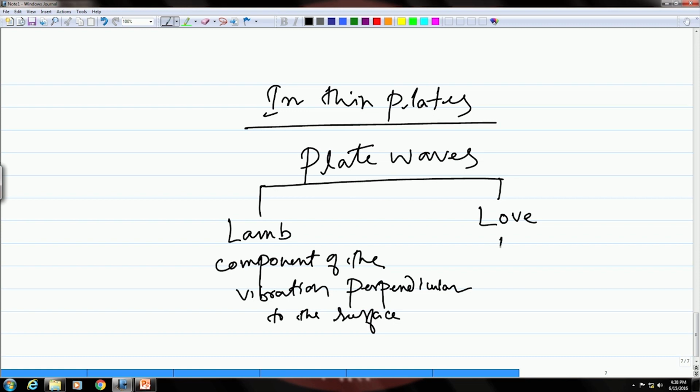And Love is parallel to the plane layer and perpendicular to the direction of the waves.